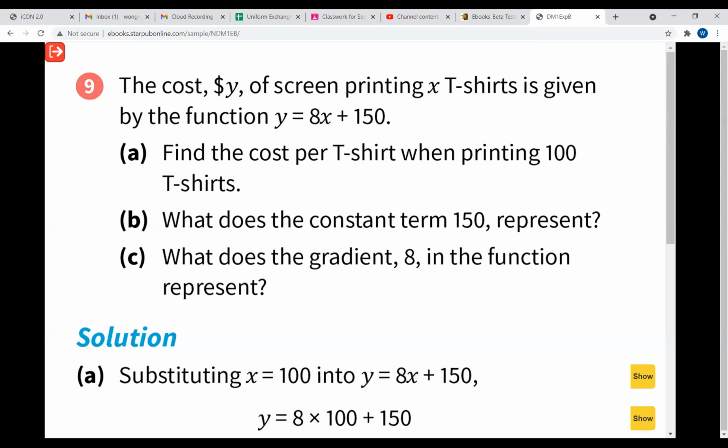A real life example. This may not be very obvious to you, but when you order Grab, we order Grab food, okay? You know, different people buy different items, right? You should pay for your own item, but there's a fixed charge called the delivery fee or the platform fee.